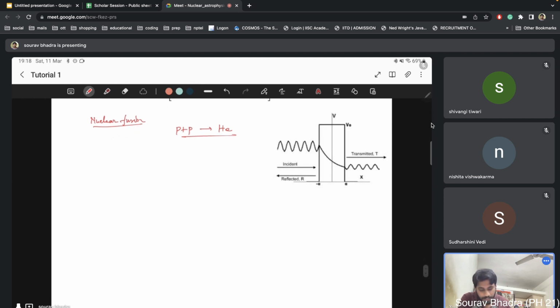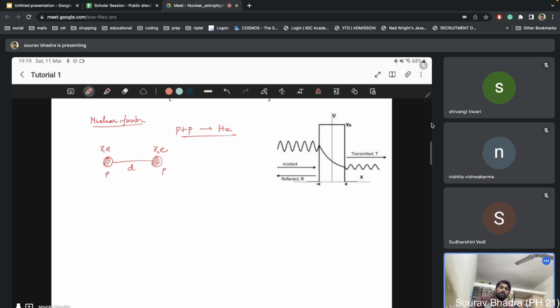How does this happen? Suppose this is the proton, this is another proton inside the star, and it is at a distance d. This one has charge Z1 e, the other Z2 e. Now for protons Z1 and Z2 are 1, but I am writing in a general way.